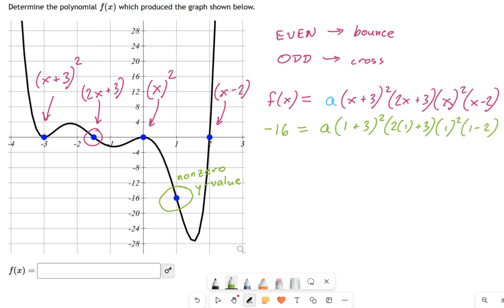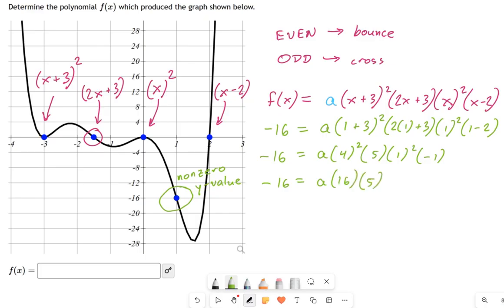And that looks like it's really busy, but watch how quickly this is going to simplify. I get -16 equals a times 4 squared times 5 times 1 squared times -1. Okay, simplify it more. We get a times 16 times 5.